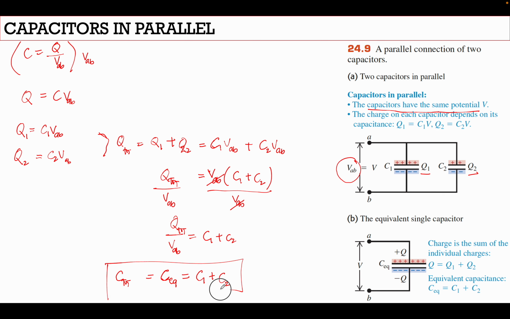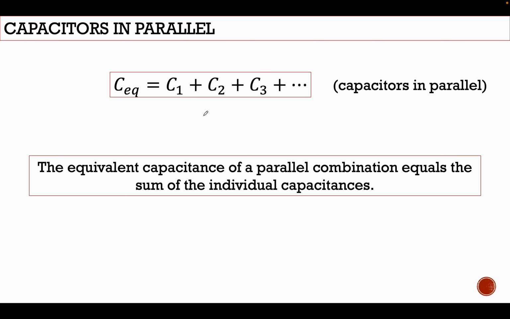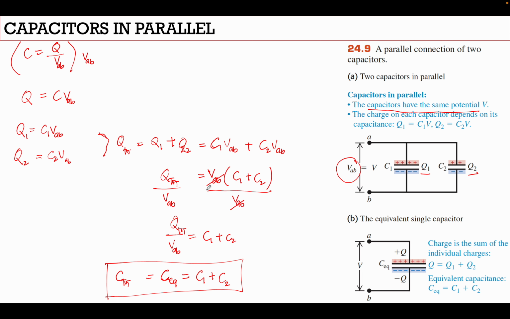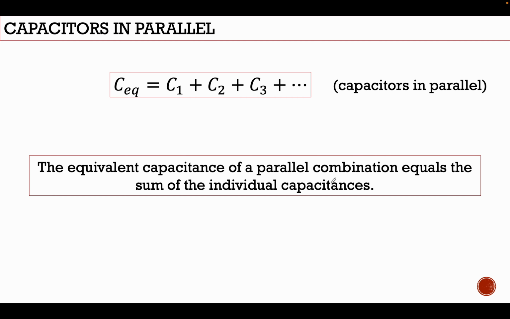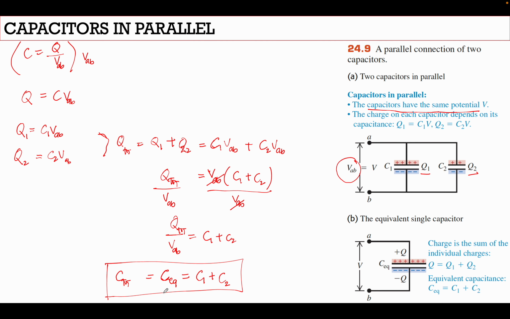So for capacitors in parallel, the equation to solve for the equivalent or total capacitance, if there are two capacitors, is the sum of the individual capacitances.